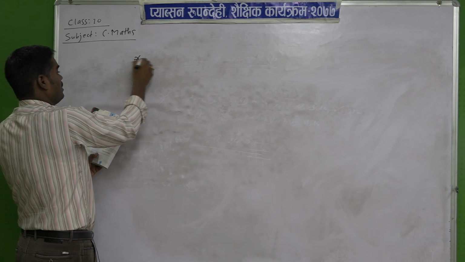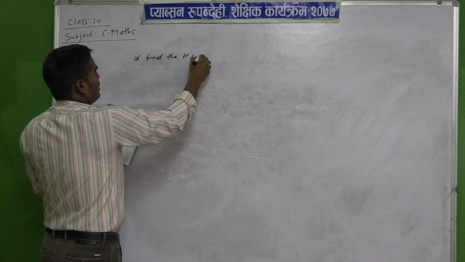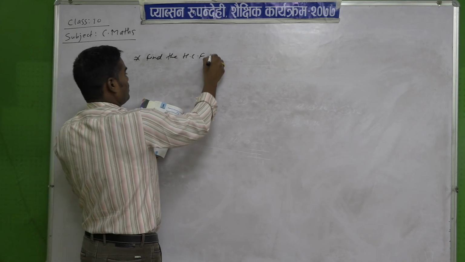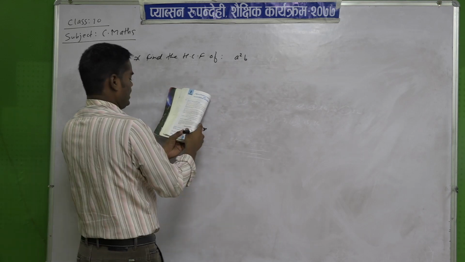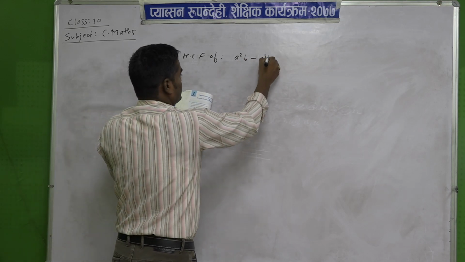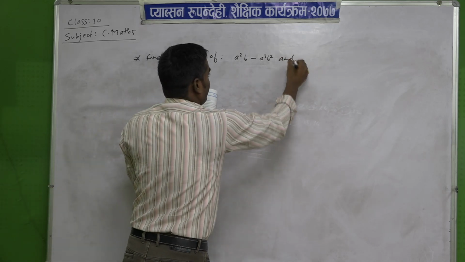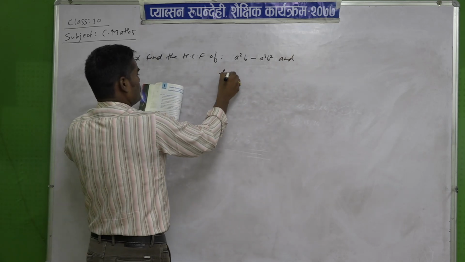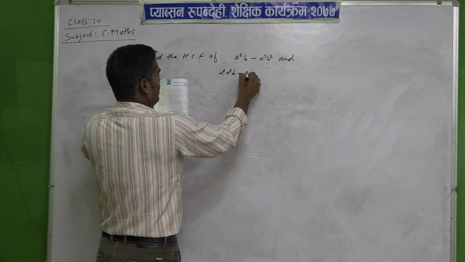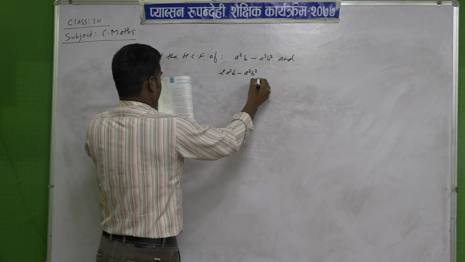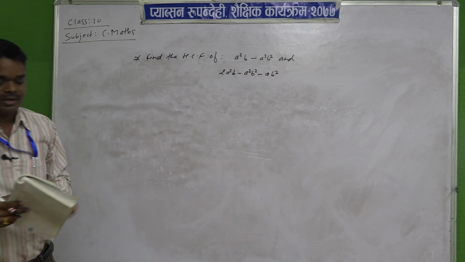Find the HCF of a square b minus a square b square and 2a square b minus a square b square minus ab square.